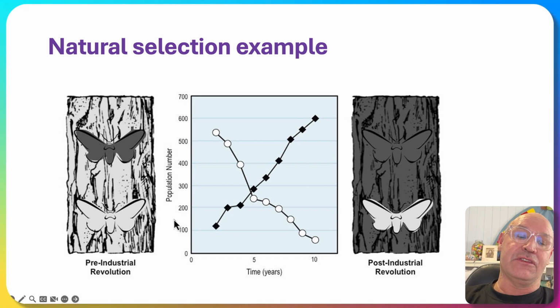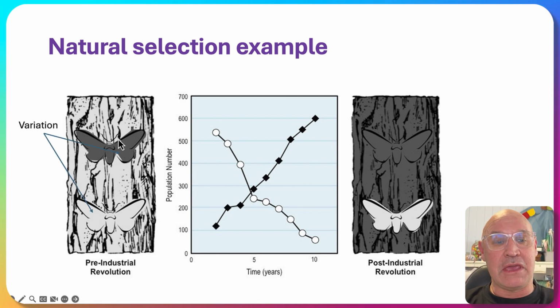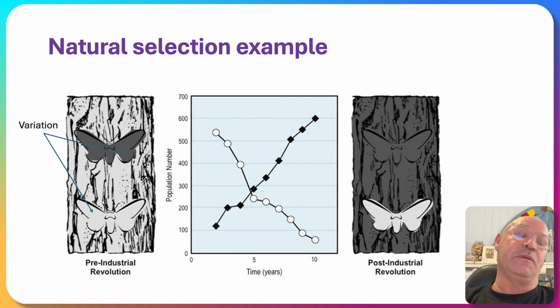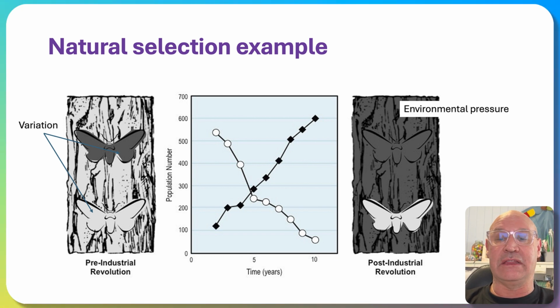So we could say that the white moths, there was an increased allele frequency of the allele that provides the white phenotype compared with the black. Now, but we do see variation. There's difference in the phenotype and the alleles.